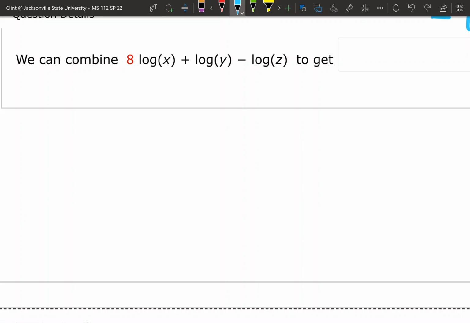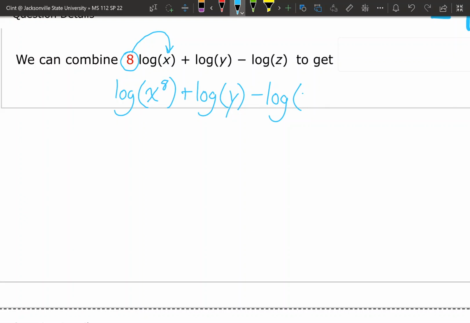What I see is we got this 8 out here, so we can move it inside the log. And now this one's almost like the last one.